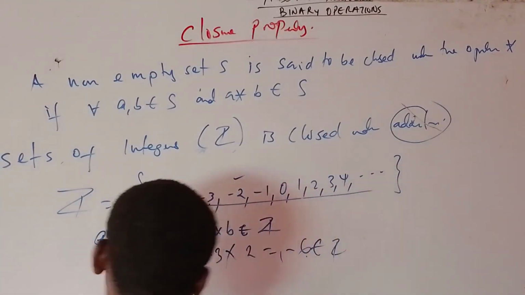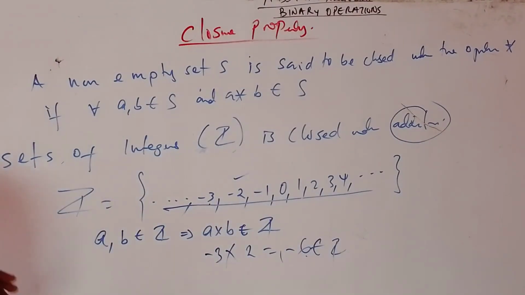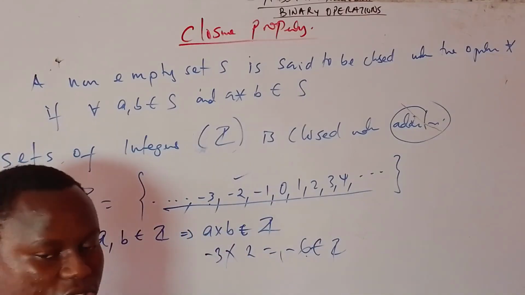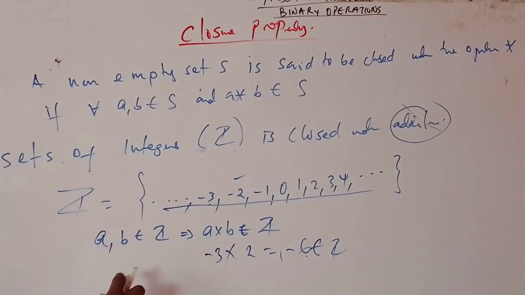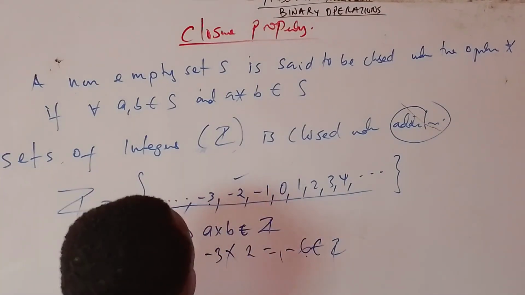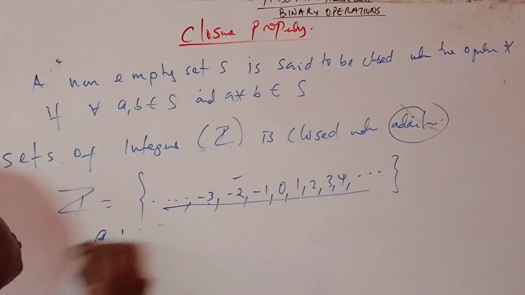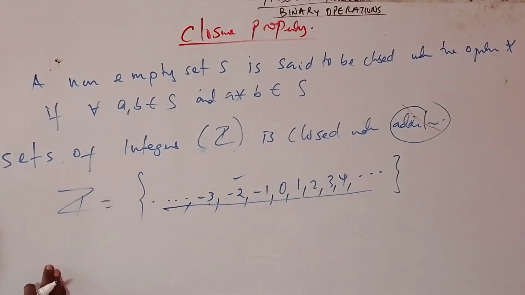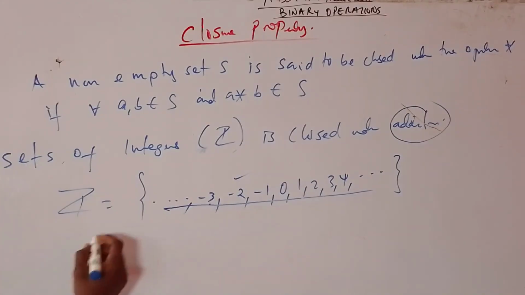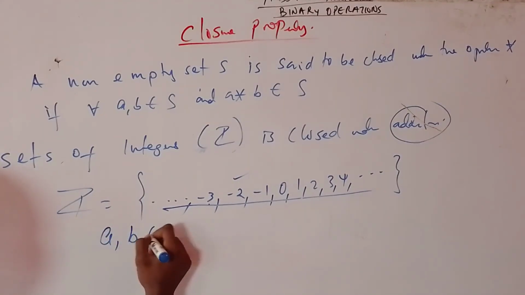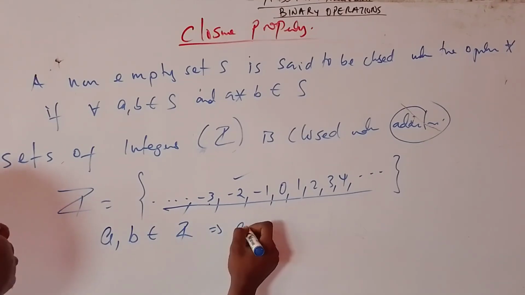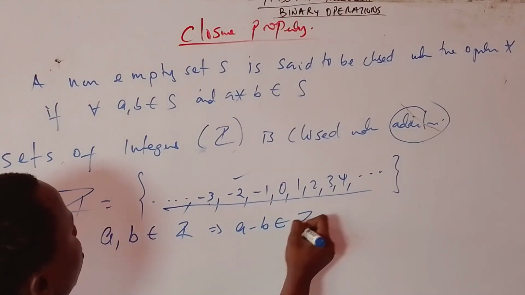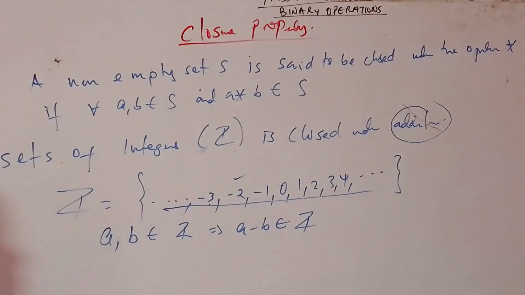Now, let's check if the set of integers is closed under subtraction. Yeah, it should be closed. If you take any elements a and b from the set of integers, a minus b will always be in the set of integers.